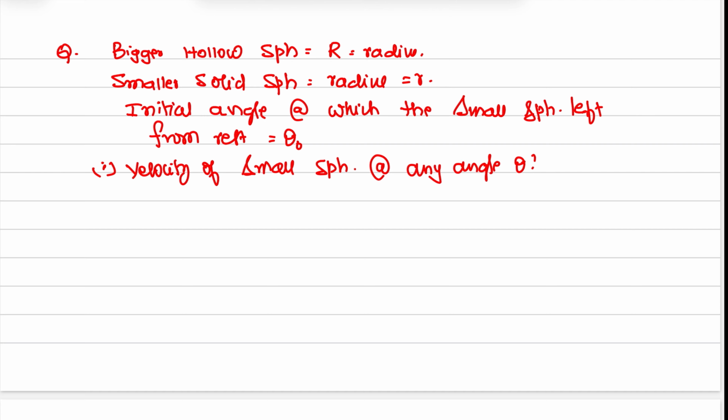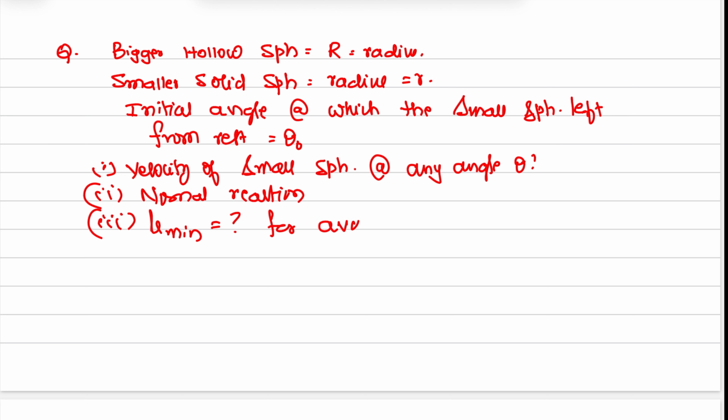What will be the velocity at any angle theta? Second, the normal reaction. We have to find the normal reaction. Third, the minimum coefficient of friction required, mu minimum is equal to how much, for avoiding slipping, only rolling. Rolling without slipping is avoiding slipping.